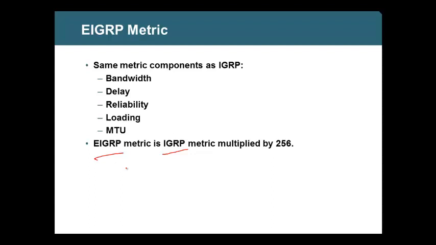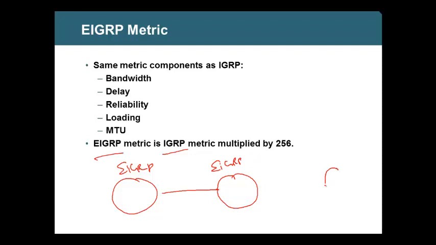So when you have a router running EIGRP, another router running EIGRP, but this router supports only IGRP, what will happen, you know? You no need to do redistribution. You run EIGRP and IGRP here.